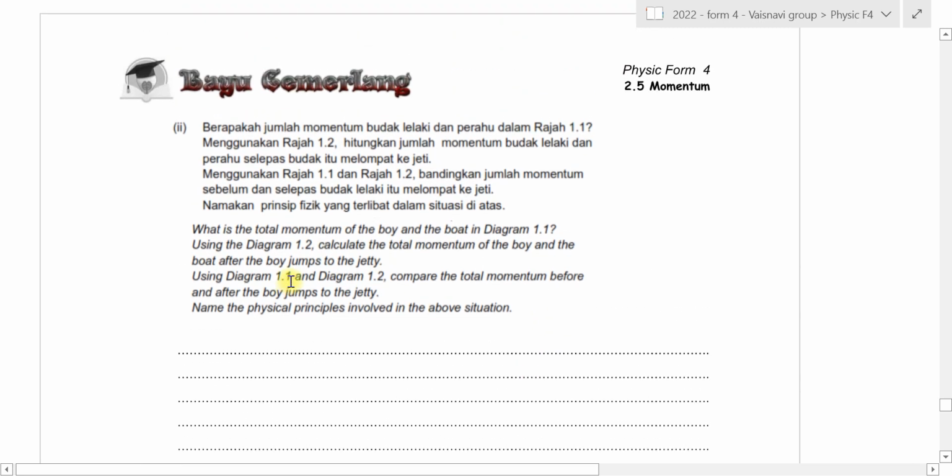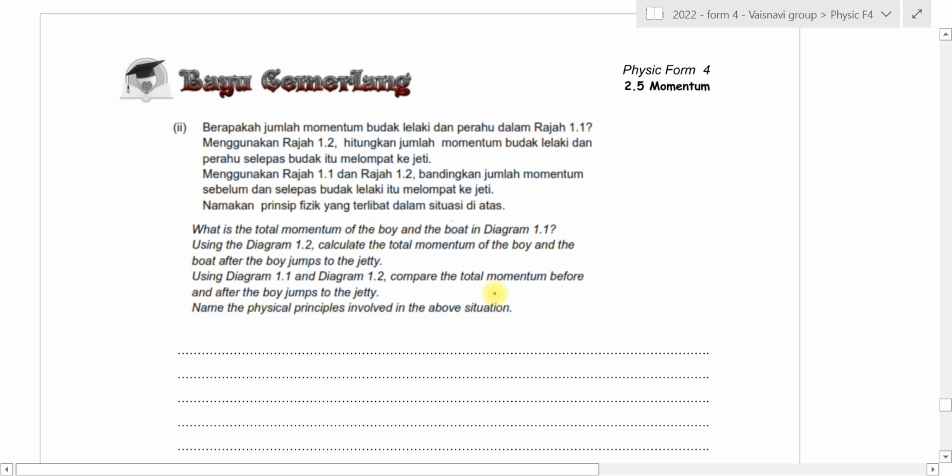Okay, next question. What is the total momentum of the boy and the boat in diagram 1.1? Using the diagram 1.2, calculate the total momentum of the boy and the boat after the boy jumped to the jetty. Using the diagram 1.1 and 1.2, compare the total momentum before and after the boy jumped to the jetty. Name the physics principle involved in the above situation.